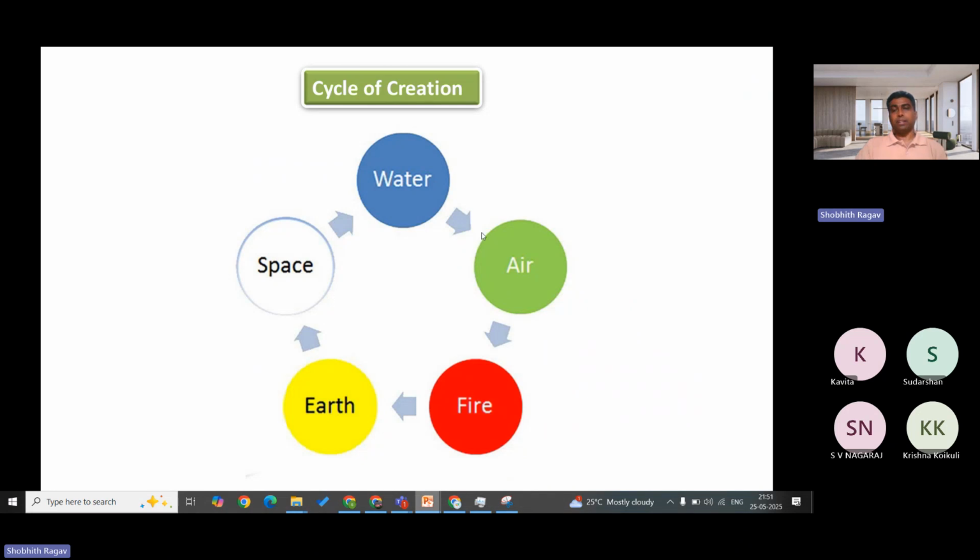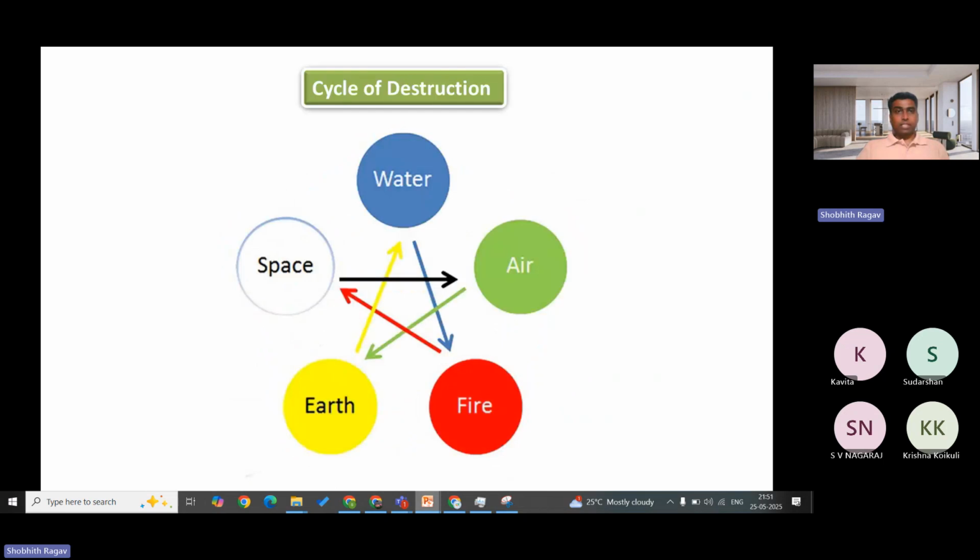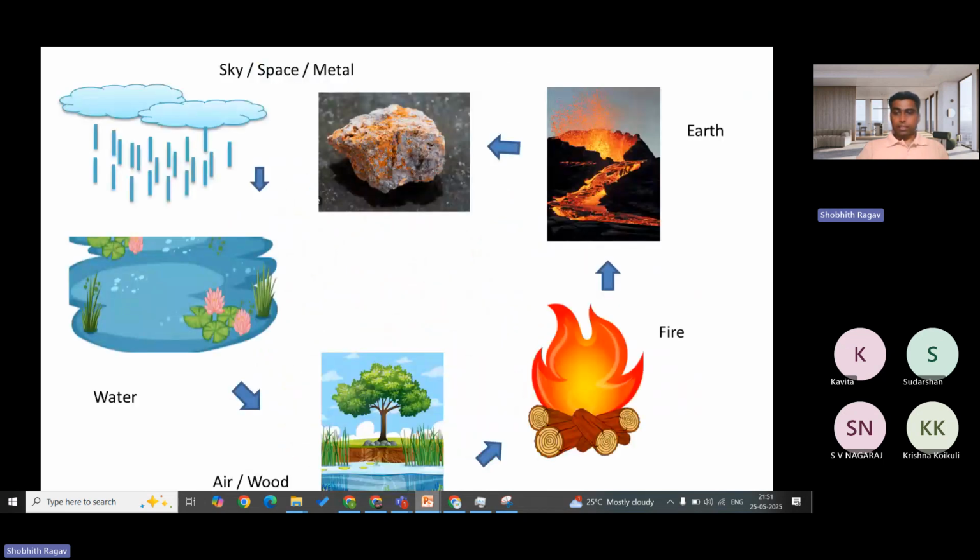Whenever we are trying to solve Vastu issues, how do we easily remember this? I will show a slide with a lot of picture representations, which will make it easy to remember. First, you can consider space. You have the sky, which is the space element.